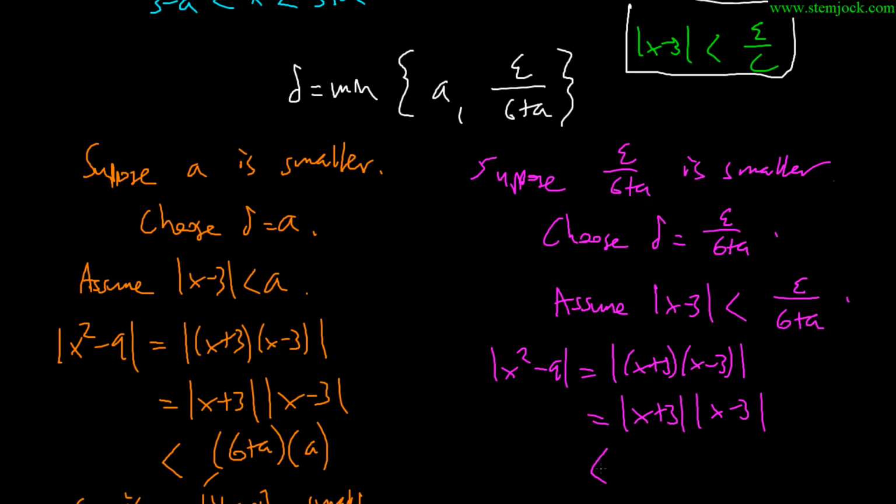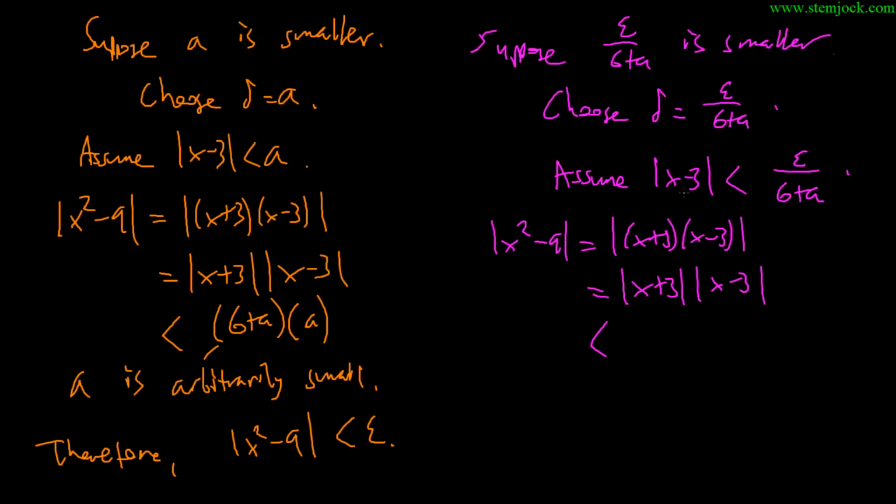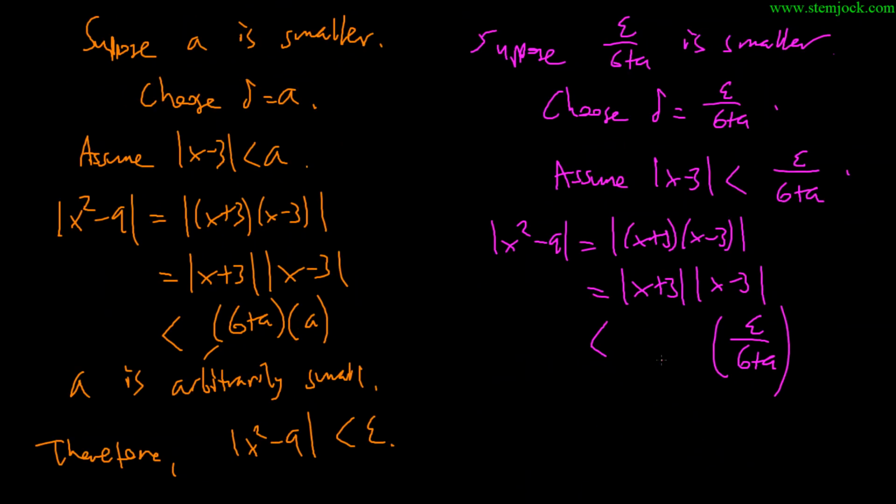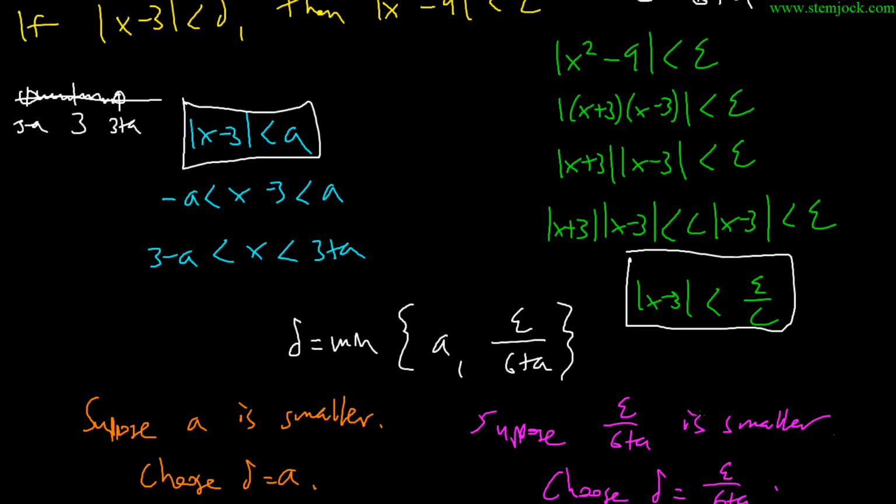And this is less than, now, I assumed that the absolute value of x minus 3 is less than this here, epsilon over 6 plus A. And as before, the absolute value of x plus 3 is less than C, which we said is 6 plus A. And the 6 plus A's cancel out, and what's left is epsilon. This is the consequent that I wanted to show.